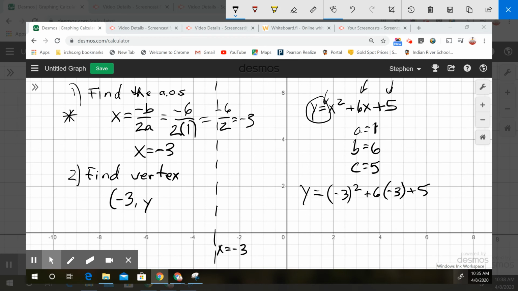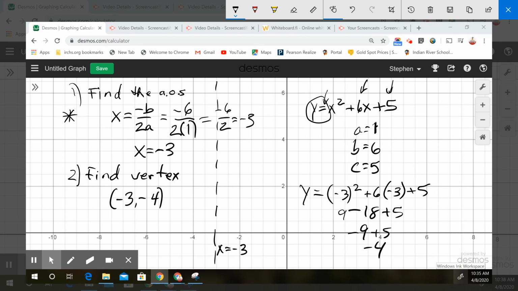Negative 3 squared is 9, plus negative 18, plus 5. That gives us negative 9 plus 5, which is negative 4. So the y value of the vertex is negative 4.